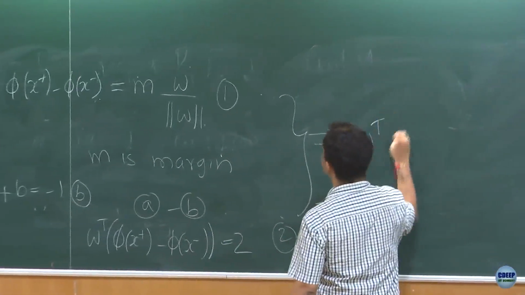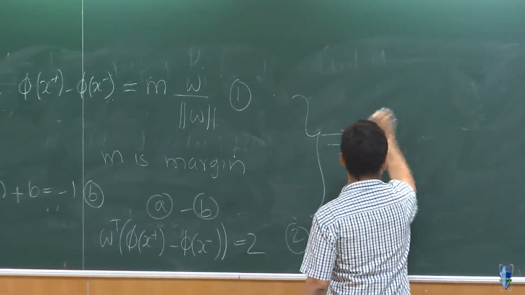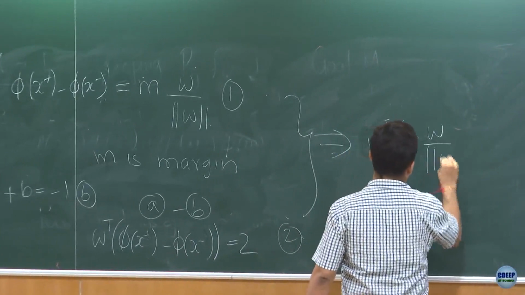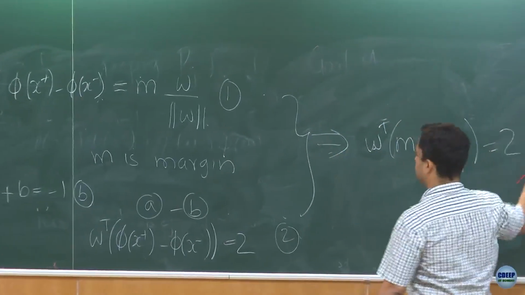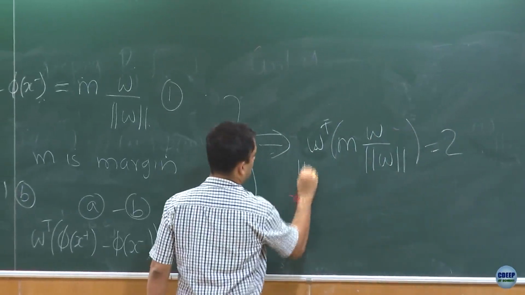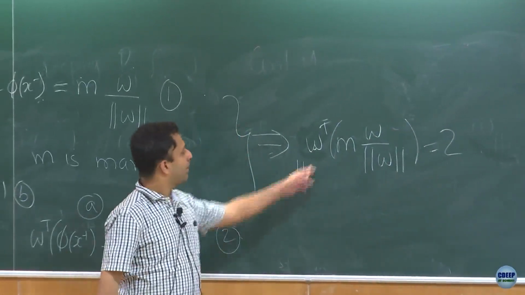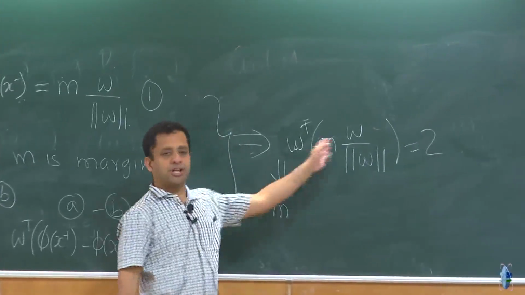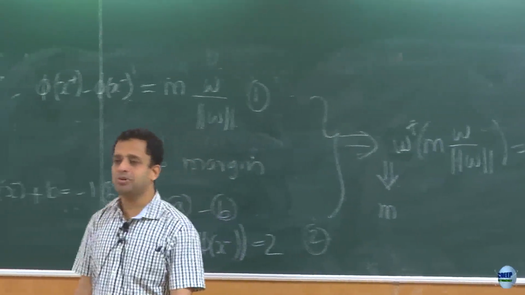So W transpose times m w divided by norm w equals m times W transpose W, and what is W transpose W?